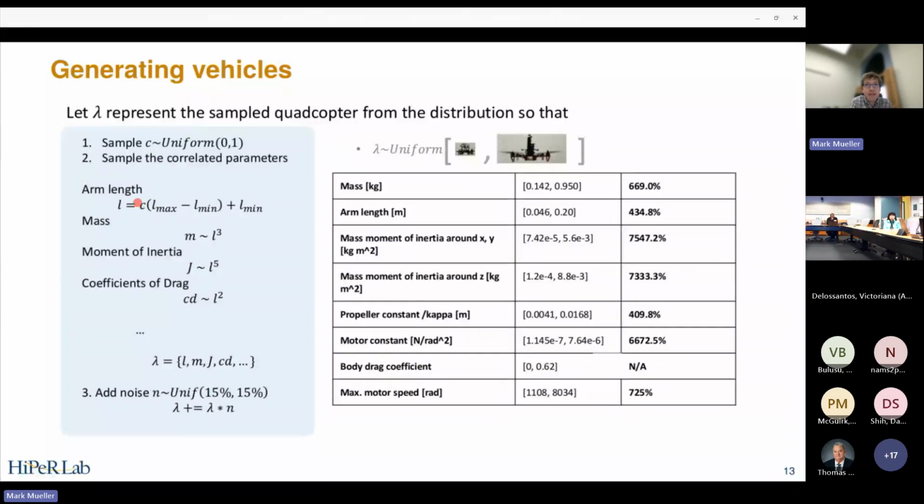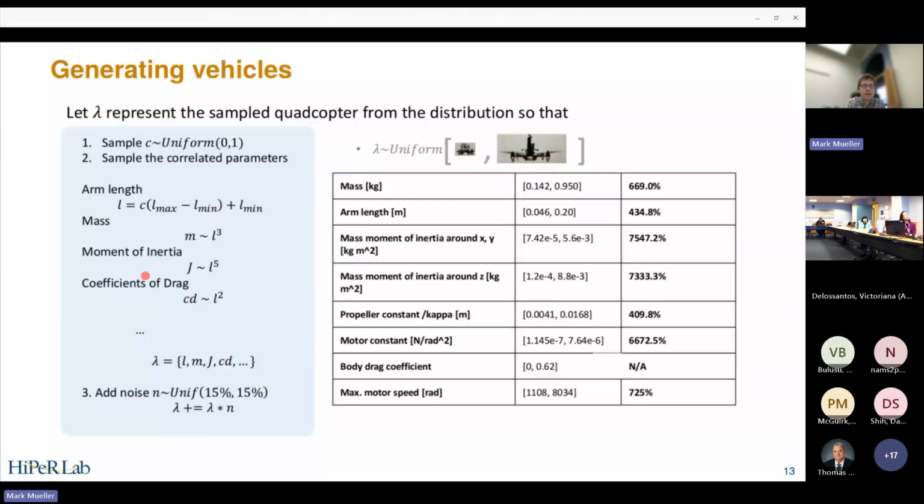The lambda is a length scale, so the size of the vehicle is scaled proportionally to it, times this constant C, a uniformly randomly sampled constant. The mass is then scaled like the length cubed, the moment of inertia like the length to the power of 5, and the drag coefficient goes like the surface area. This then generates a vehicle.